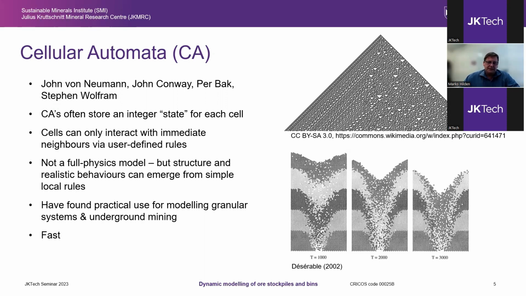In general, the grid cells interact only with their immediate neighbors via simple local rules, rather than necessarily using a physics-based approach. In contrast, force chains in DEM can potentially connect all of the particles in the pile, but require much more computation. An important characteristic of CAs is that even with very simple rules, we can see complex and interesting structure emerge when these local rules are applied to the entire system.